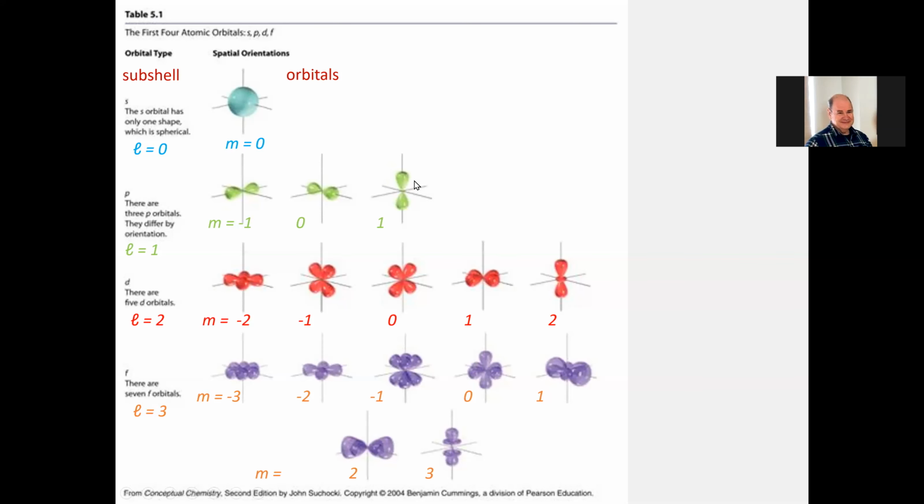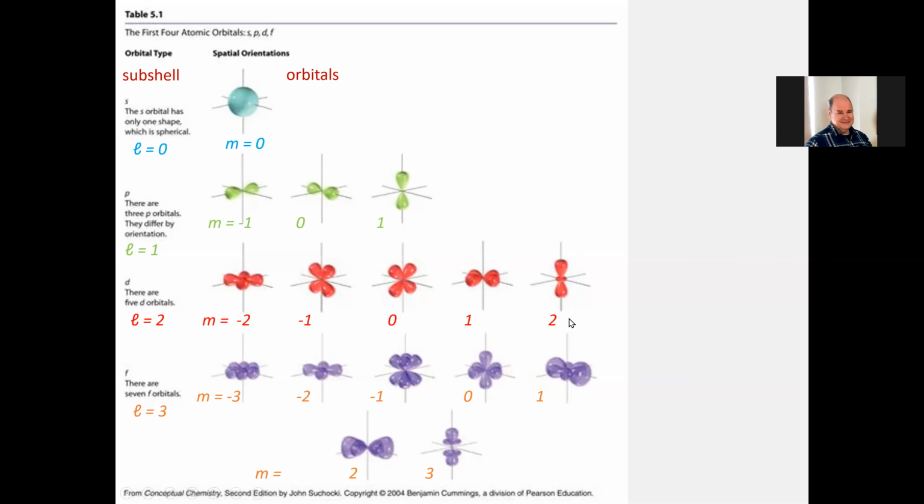It shows you the outer envelope, the skin of where you'll find the electron 90% of the time within these shapes. You'd have to go in and look at the real wave function squared to see how those probabilities vary inside these overall shapes. But generally what you're shown in the textbook is just the overall skin of the shapes.